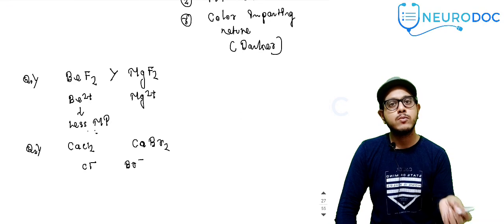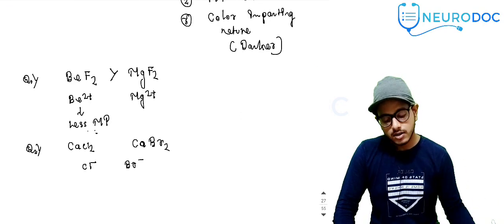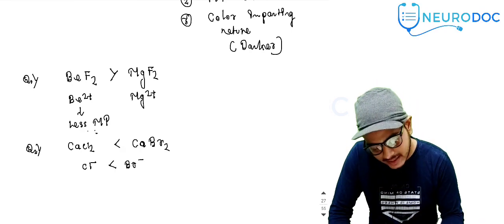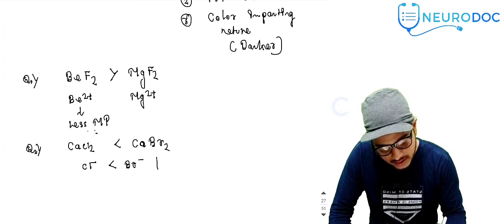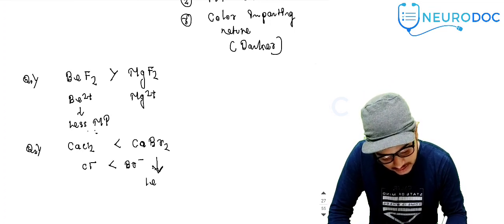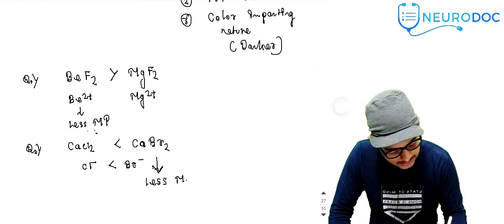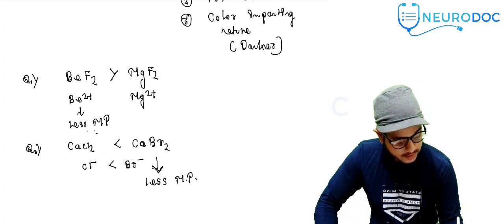More the size, more will be the polarizability, more will be the covalent character. So as the size is more here, the covalent character is also more here. So calcium bromide will have less melting point because it's having more covalent character.